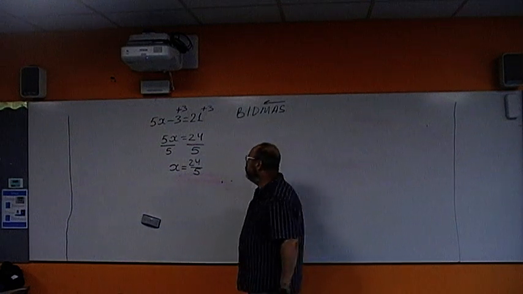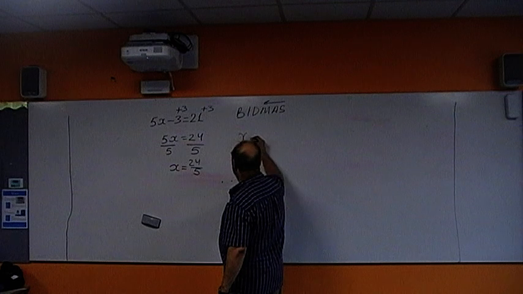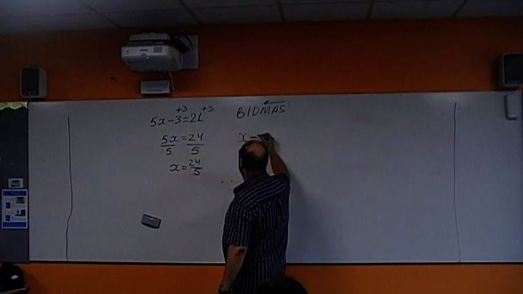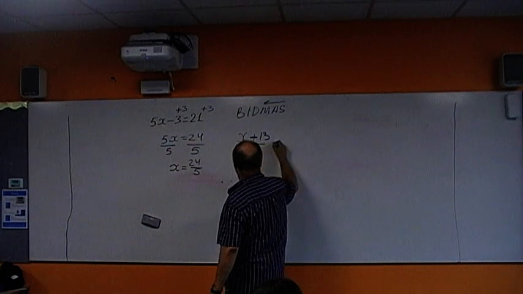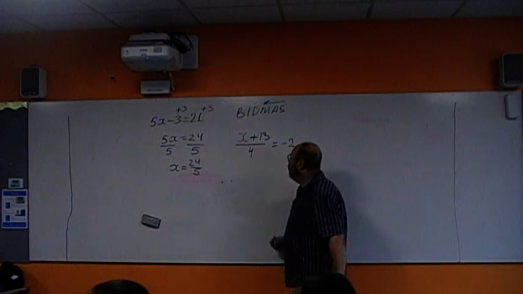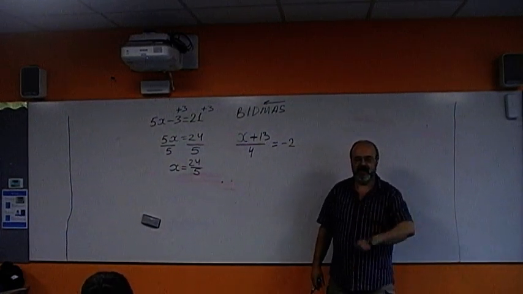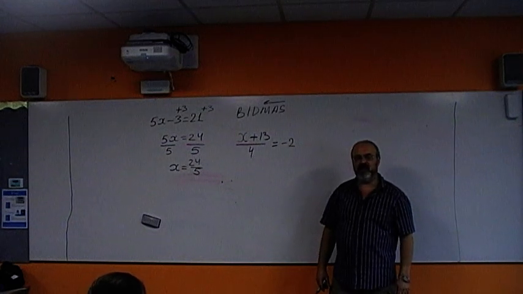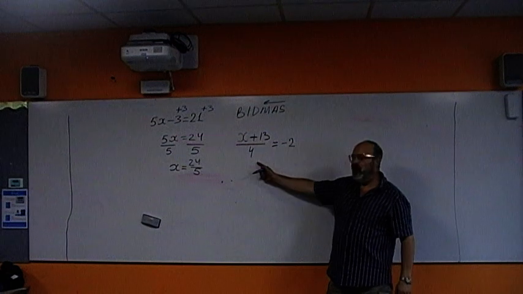Another example, if we have (x plus 13) over 4 equals minus 2. What should be the first step? Times both sides by 4. Not minus 3, but times by 4. Why?